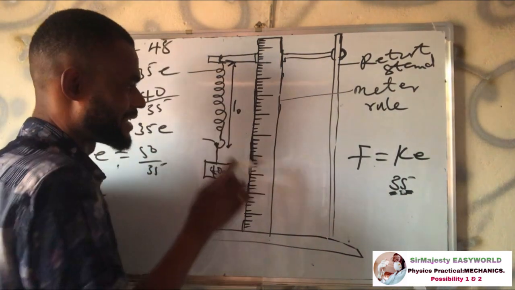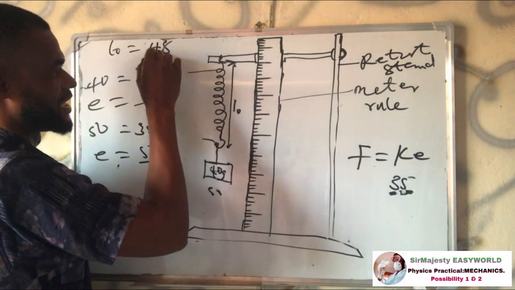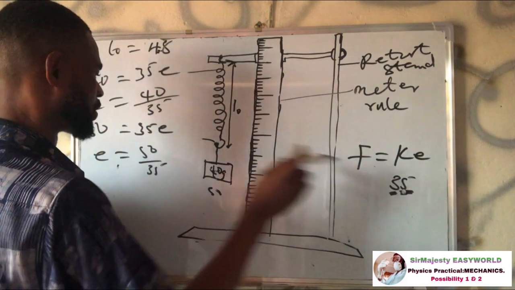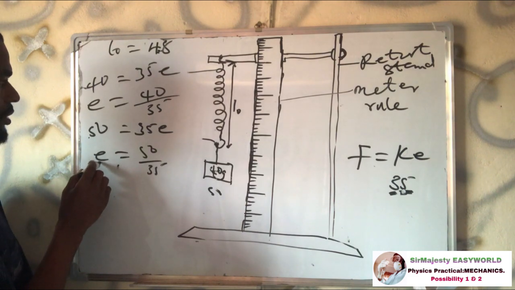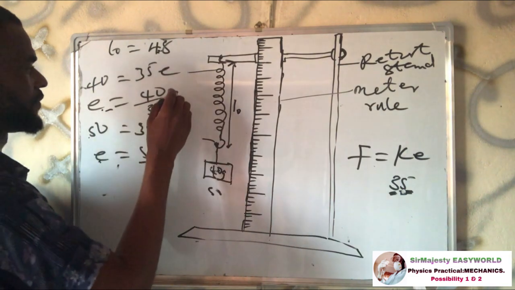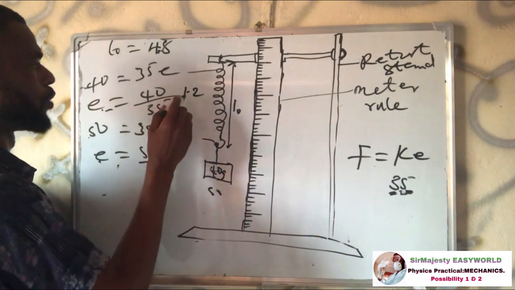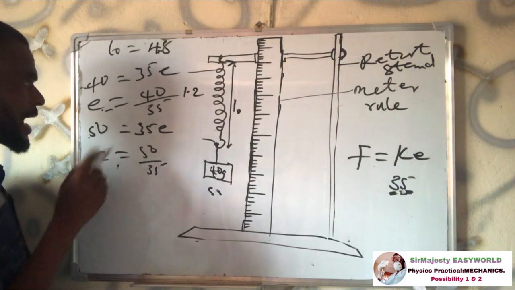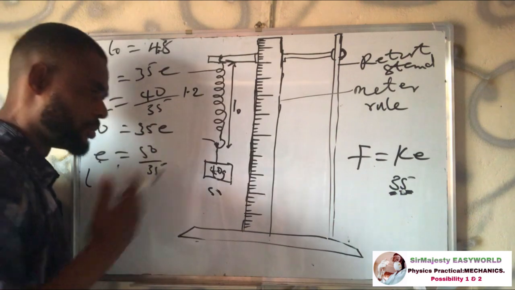add it. Like if I have my I0 as 48, like I said, that is my original length. After doing my manipulation and calculating, I have extension equal to 1.2. What will I do? What will I record as my new length? I know that I didn't carry out this practical. I'm just manipulating it on my own.